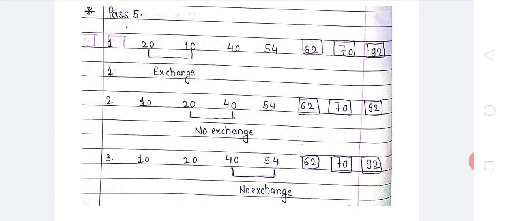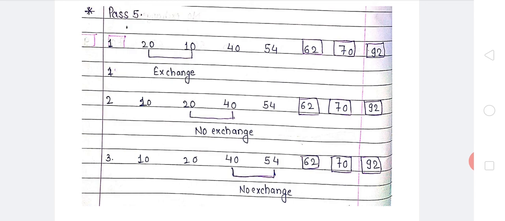The first value is compared with 20, the value is compared with 10, and an exchange is required. That means 10 is placed at the place of 20 and 20 is stored in the place of 10. That gives 10, 20, 40, 54. Now in step number 2, 20 is compared with 40, and no exchange is required. In step number 3, 40 is compared with 54, and no exchange is required.